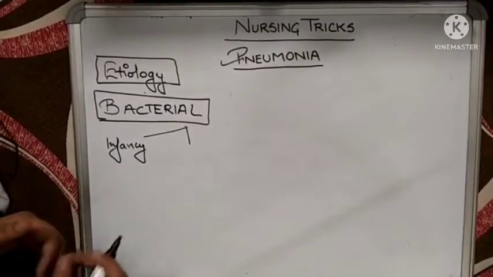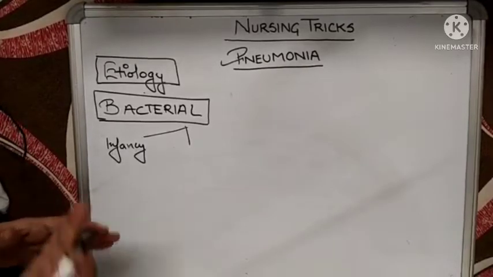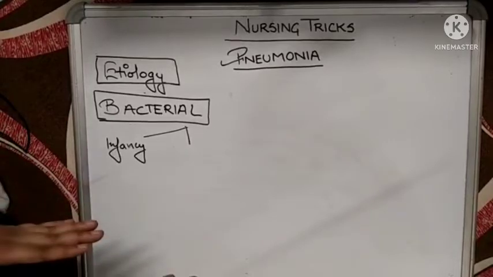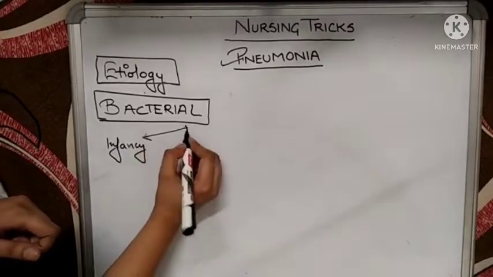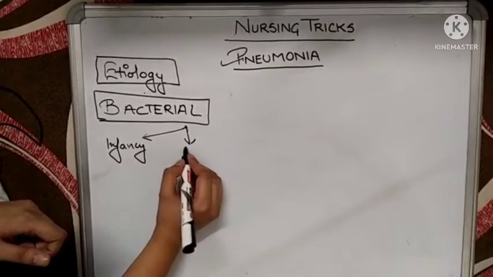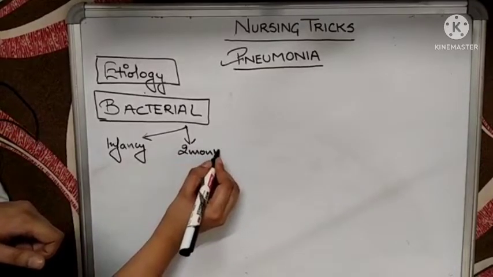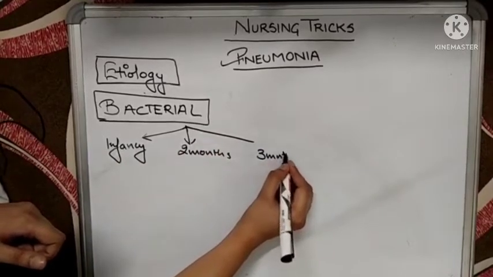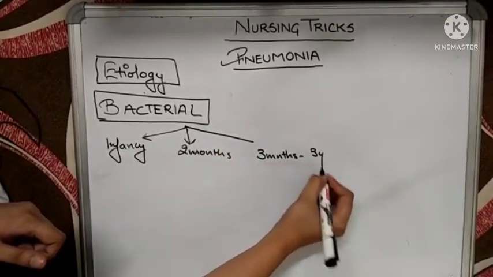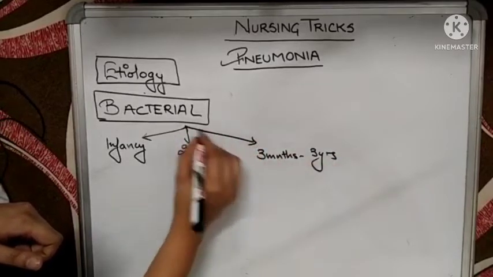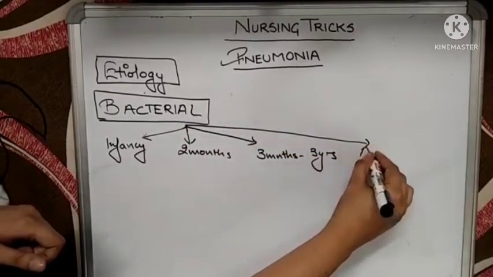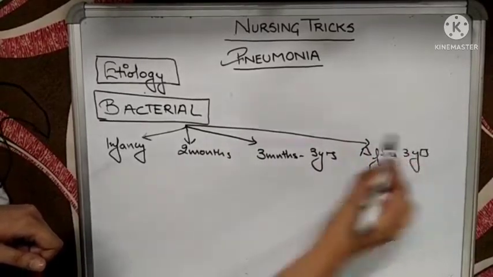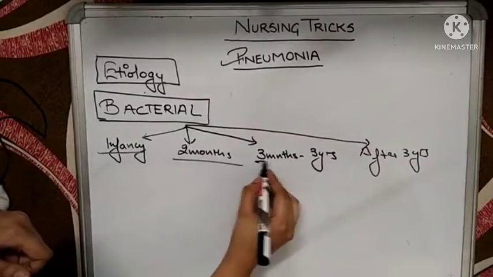If we have to mark the answer for which bacteria are responsible in a particular age group, I have categorized it into infancy, then till 2 months of age, then 3 months to 3 years, and then after 3 years. So this way we can classify, just to memorize.